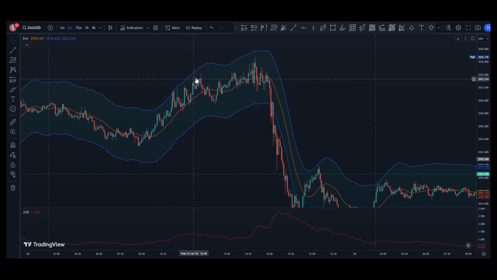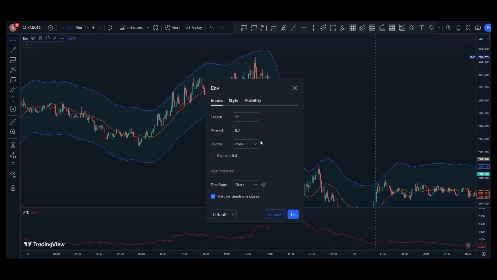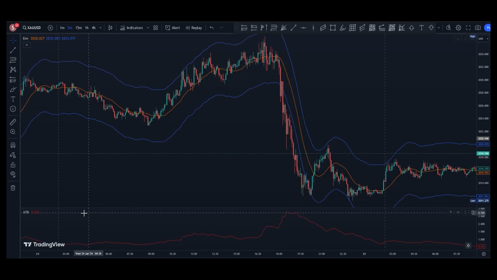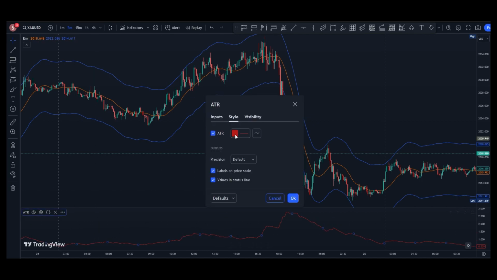As you see, we have two bands for the envelope, and this is the moving average of 20 length, and the source is our close. You can change these for yourself if you want: upper band, lower band, basis, and anything you want to change. For the ATR, as you see, we have a style for ATR.